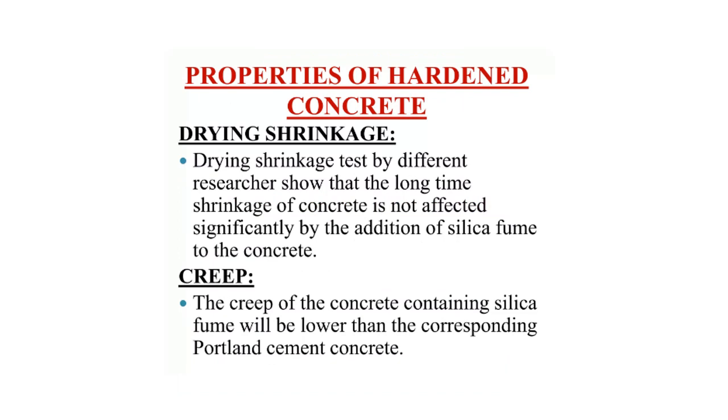For properties in hardened concrete: drying shrinkage tested by different researchers shows that the long-term shrinkage of concrete is not affected significantly by the addition of silica fume to the concrete.